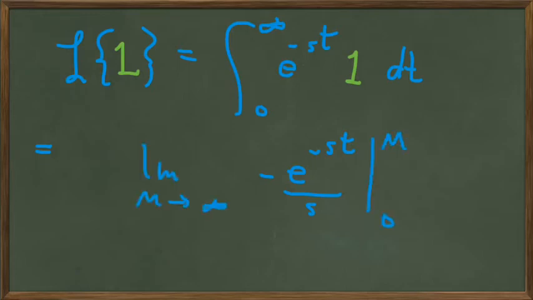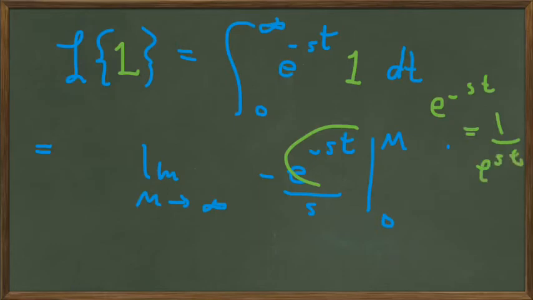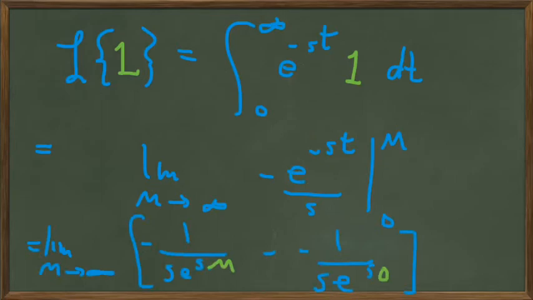So we're going to put that into its two terms, the term where we plugged m in and the term where we plugged 0 in, but we're going to rewrite e to the minus st as 1 over e to the st because it turns out to be easier to evaluate that way. So here we have that split into two terms, and then we're going to take the limit as m goes to infinity.